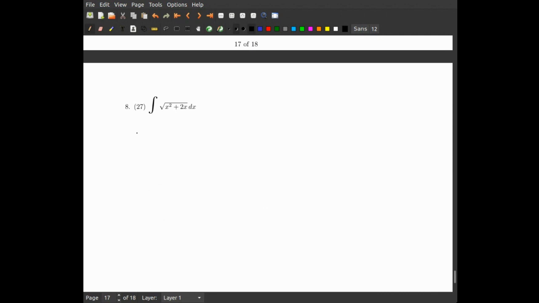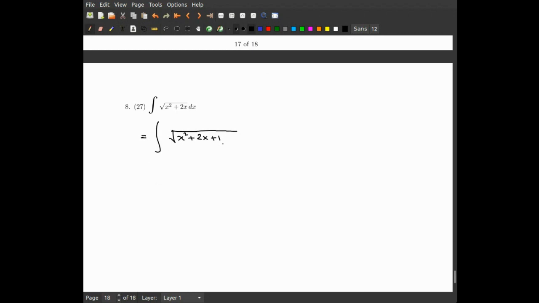So to do this one, what do you have? We have x squared, but there is another x there. So we have to make it a perfect square first. When you have this kind of extra x, to make this a perfect square, what do I need to do? We know that this is x squared plus 2x. If we can add 1, that will make this whole thing a perfect square, x plus 1 whole squared.